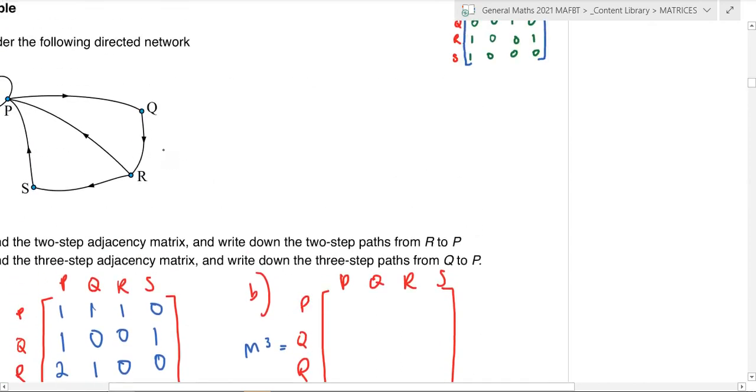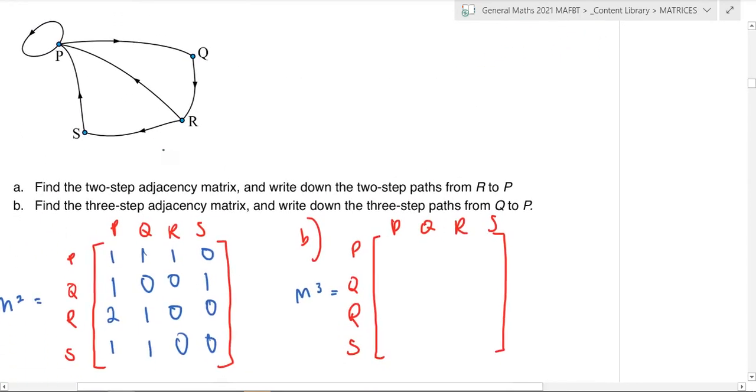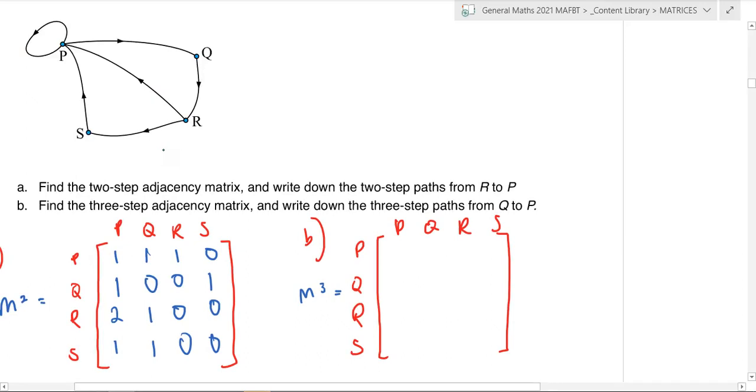All right, now we do the 3 steps. This one's a bit trickier, but similar principle. So from P to itself, again, look at that loop. The cool thing is you can go 1, 2, 3. That's one 3-step so far. But interestingly, the tricky thing now is you can actually have more.